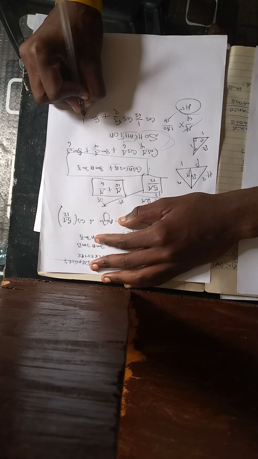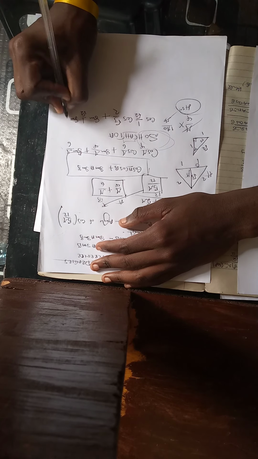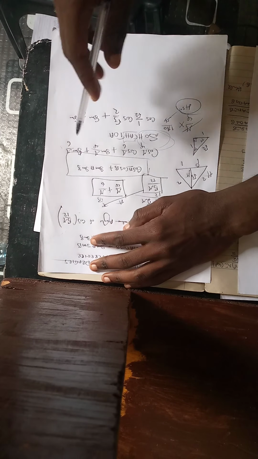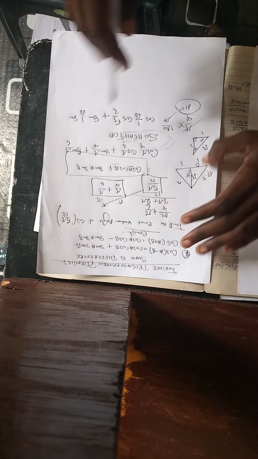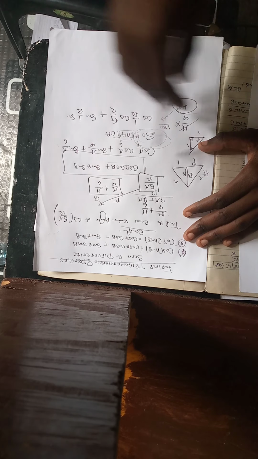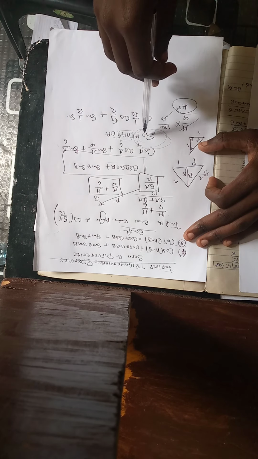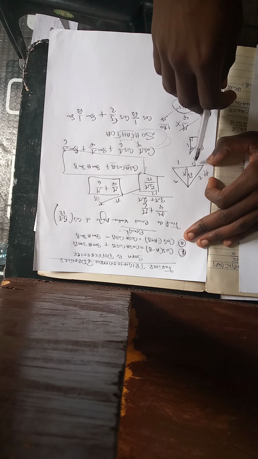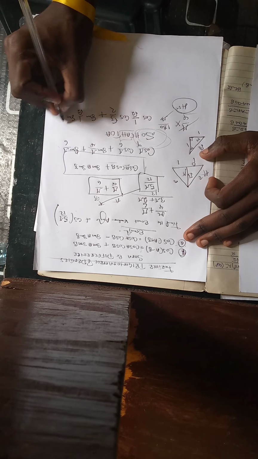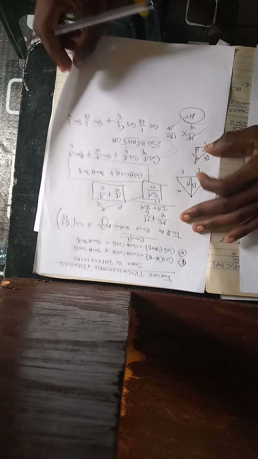So it's going to be 1 over root of 2. Sine of pi over 6 is the same as 30 degrees. We go back to the angle. So SOHCAHTOA, opposite. Which one is our opposite? It is 1, and our hypotenuse is 2. It will be 1 over 2.